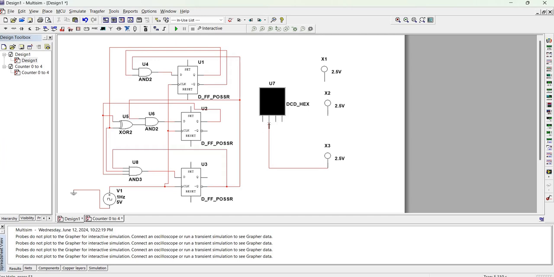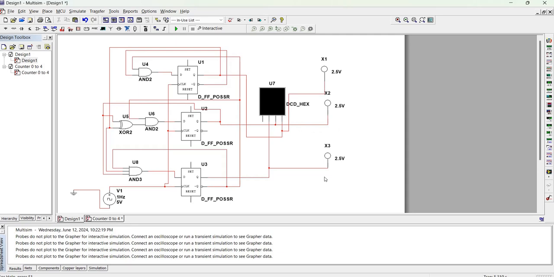So I'll pick most significant bit is coming from Q2, and then I also want to have a copy of that by using a probe. Then this one will obviously go to Q1, and this one will go to Q0. Then this one will go to this Q1. Then this one will go to this tunnel.